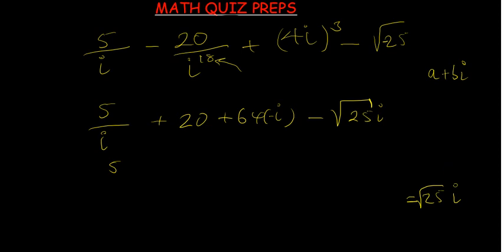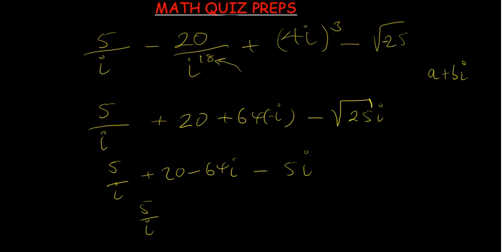Okay. So this is 5 over i plus 20 minus 64i. Then minus, of course, root 25 is 5i. So this is going to give us 5 over i. Now this 5 over i, let's conjugate it. We multiply on top by negative i, down also by negative i. Remember, if you are conjugating, multiply by what you can see down, but change the sign of the imaginary part.